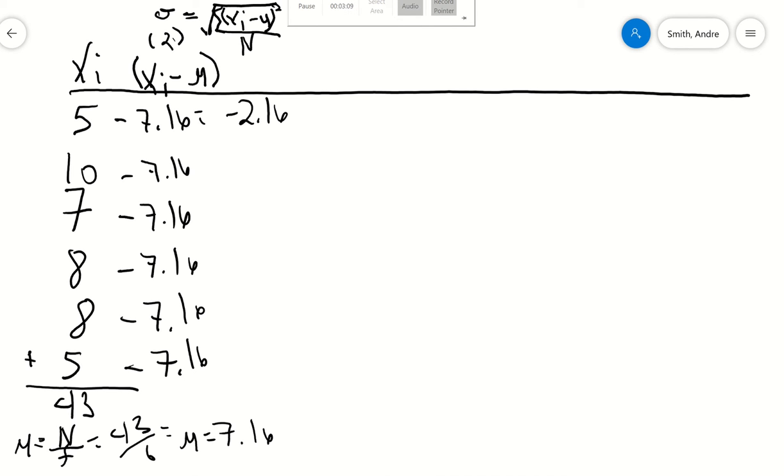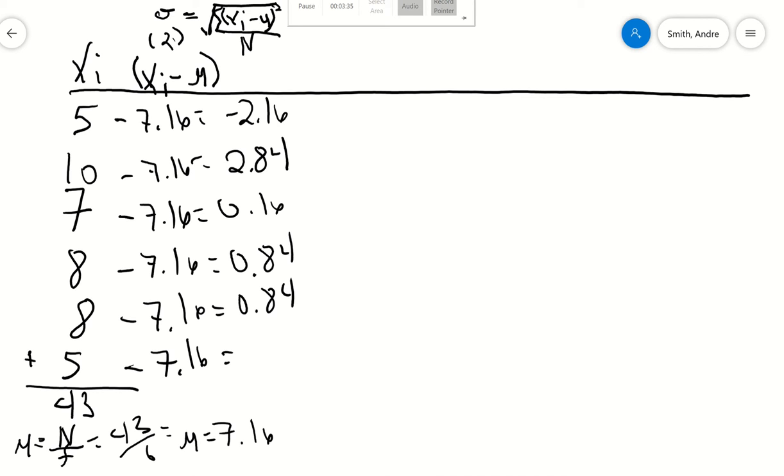Remember, it's a smaller positive number minus a larger positive number, so it gives us a negative number. And we'll go 2.84, 0.16, 0.84, 0.84, and negative 2.16, right?